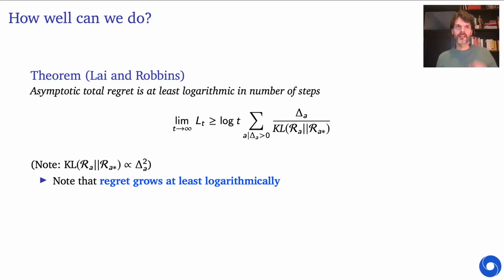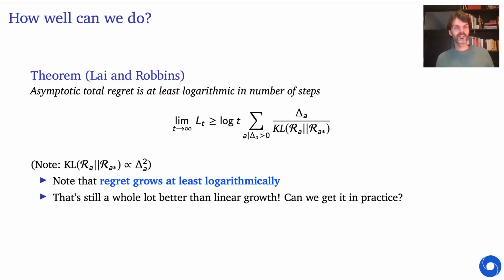Now the most important thing here is that the regret grows logarithmically, and note that this is a lower bound. So for any algorithm you could possibly think of, the regret will grow at least logarithmically in time. But that's still a whole lot better than linear growth, which we had so far.